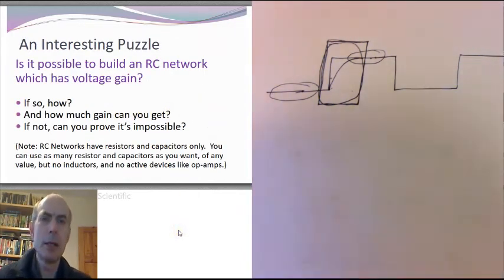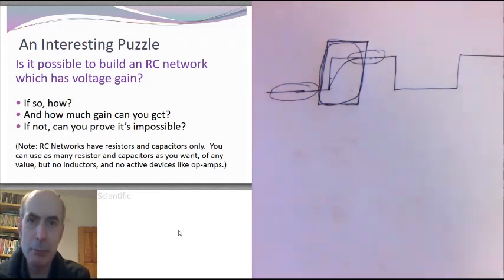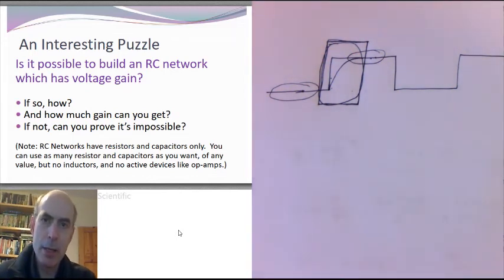Right. For those of you who would like a challenge, you should have found that none of the 6 circuits that we've been investigating in this lab produce any gain, in the sense that in no case is the output amplitude bigger than the input amplitude. The puzzle is, is it possible to build a circuit composed of just capacitors and resistors, so-called RC circuit, for which the output amplitude is bigger than the input amplitude?